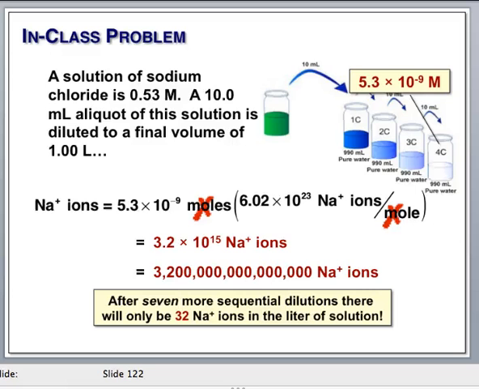Ever heard of homeopathic medicines? Do you know how they make homeopathic medicine? You start off with something like this, and then you do like 12 or 13 serial dilutions. And so when you're done, you've got, I don't know, 15 or 20 ions per liter.